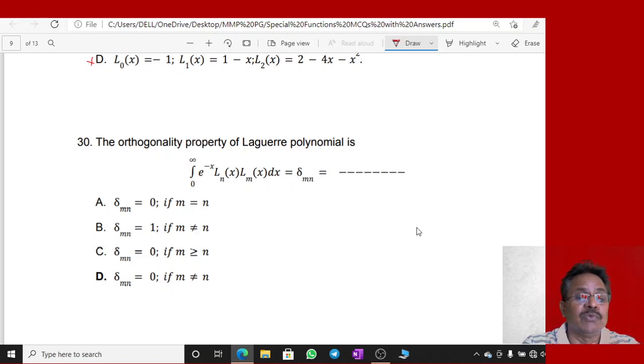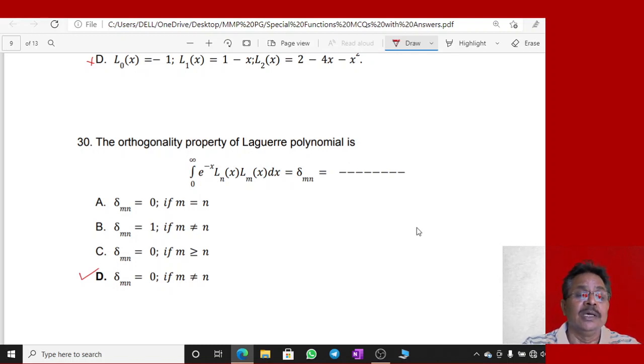Delta mn is equal to 0 if m is greater than or equal to n, that is also not correct. And the Kronecker delta function on the right hand side takes the value 0 if m is not equal to n. Therefore, for different degree Laguerre polynomials, if this integral along with e raised to minus x is calculated, it gives the value of the right hand side to be equal to 0. Therefore option D is the correct option: delta mn is equal to 0 if m is not equal to n.